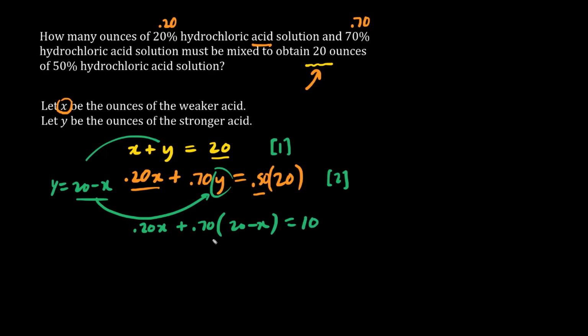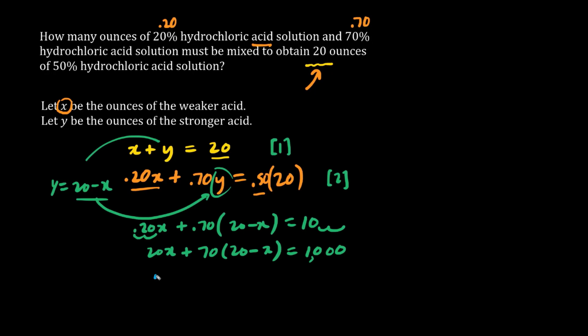Let's multiply both sides by 100. So the decimals are promoted to the right 2 units. We have 20x plus 70 times (20 minus x) equals 1000 because we move the decimal 2 to the right.